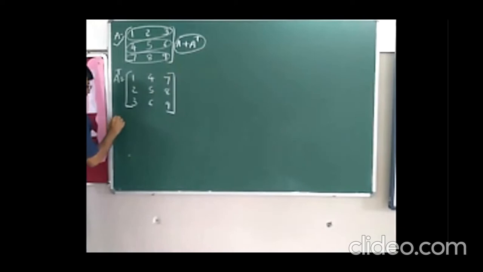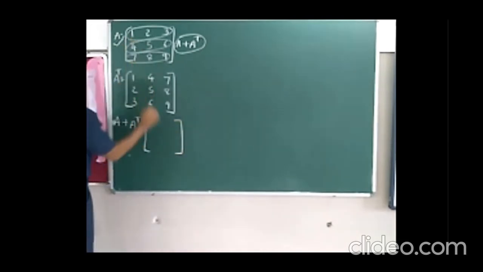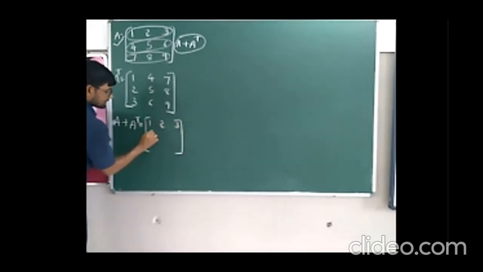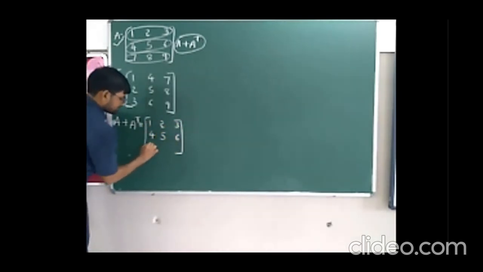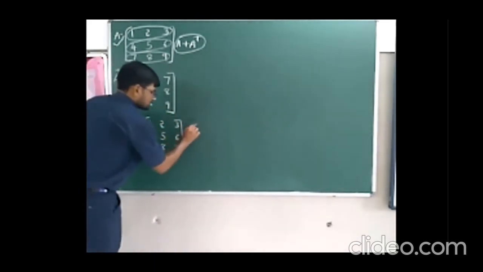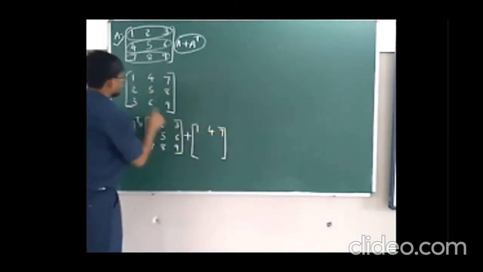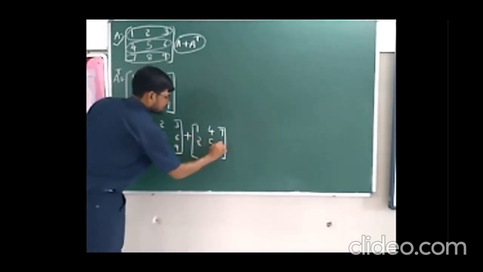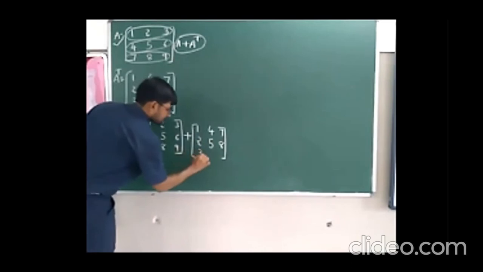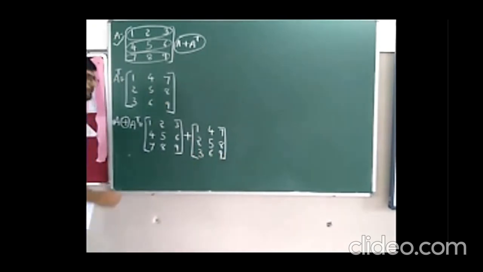First we write A, which is 1, 2, 3, 4, 5, 6, 7, 8, 9. Plus, because the sign is plus, then we write A transpose, which is 1, 4, 7, 2, 5, 8, 3, 6, 9. Now finally we will get the answer.